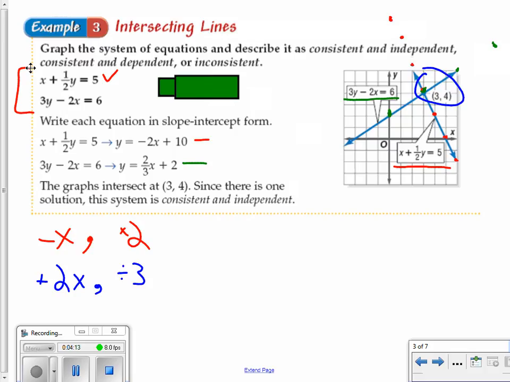Same thing with 3y minus 2x equals 6, where 3 is x and 4 is y. We'd be saying 3 times 4 minus 2 times 3 equals 6. 3 times 4 is 12, minus 2 times 3 is 6, so 12 minus 6 is in fact 6. So 3, 4 is the only point that makes both of those equations true at the same time.